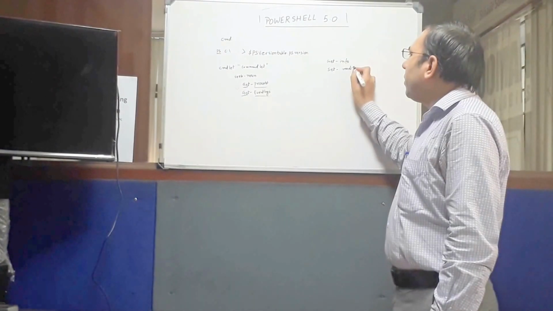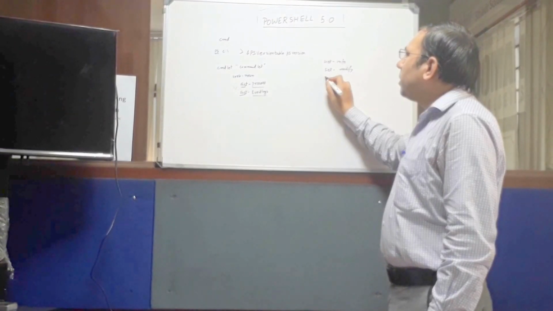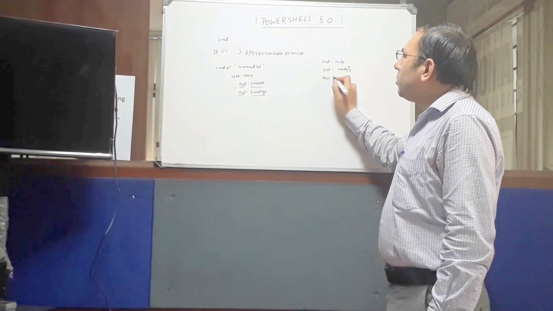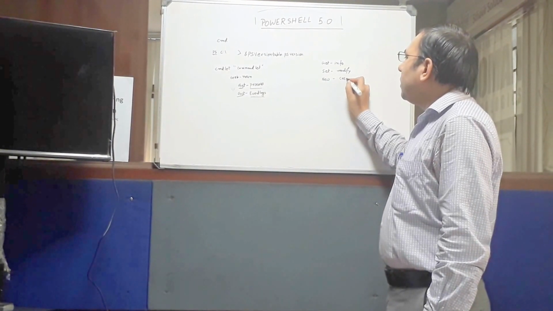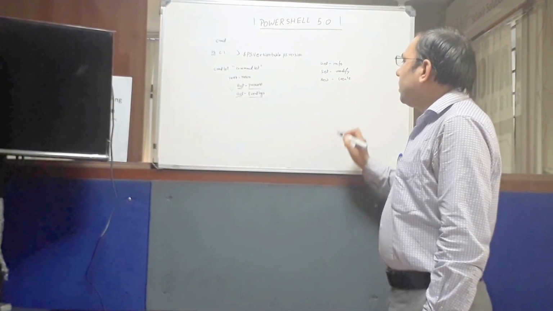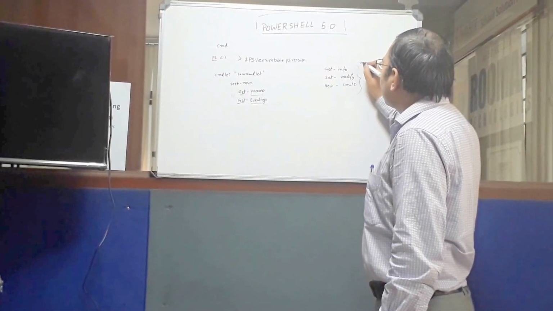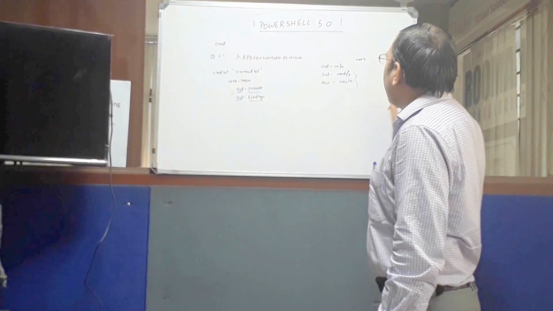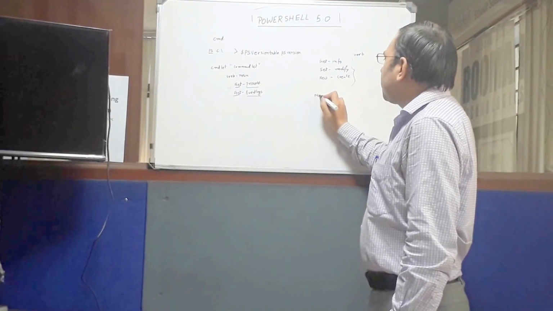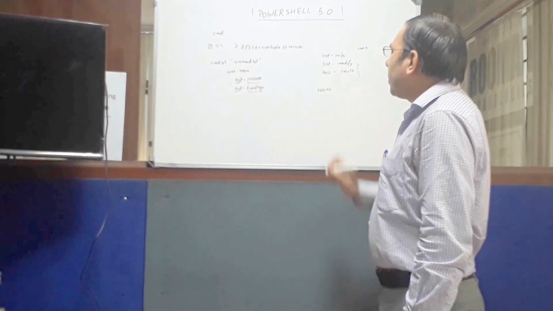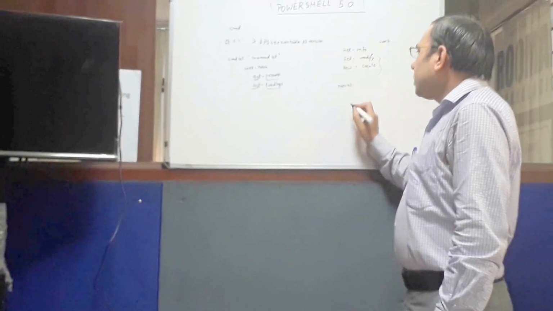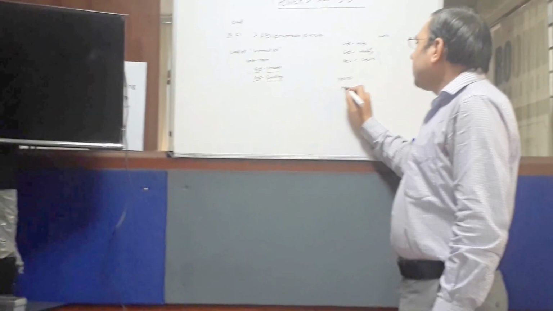If you want to create something new, then you will use New, so create. Same way there are multiple verbs which are very common. Same way you have the nouns as well. So nouns are like process, event, object.